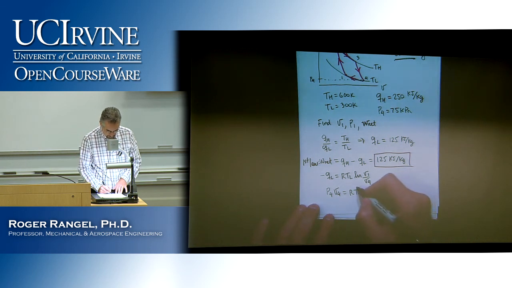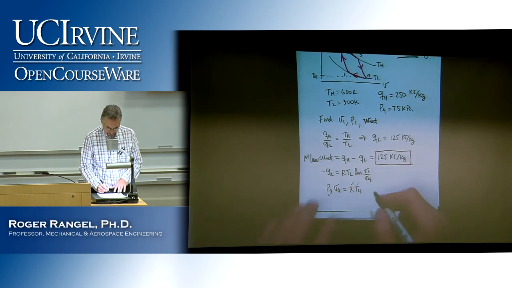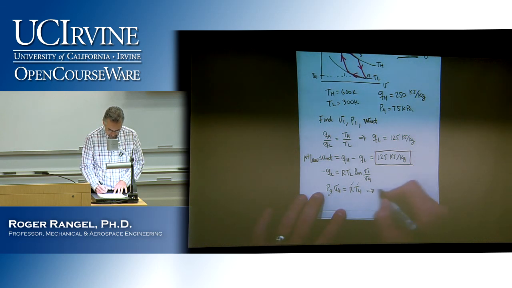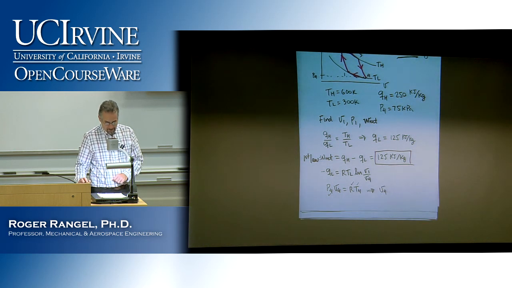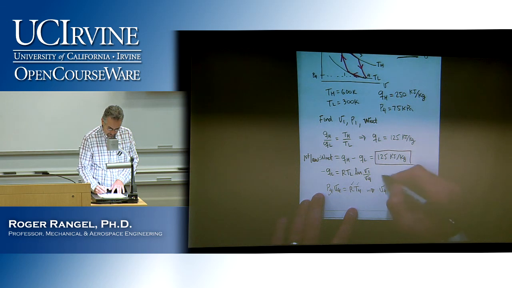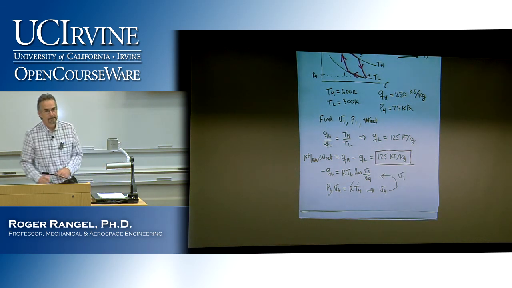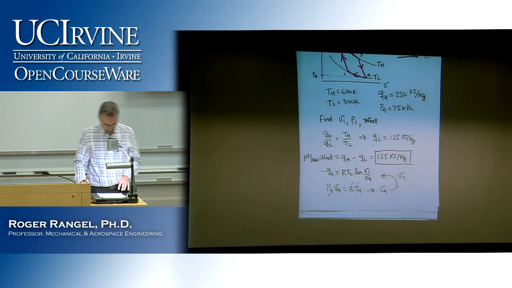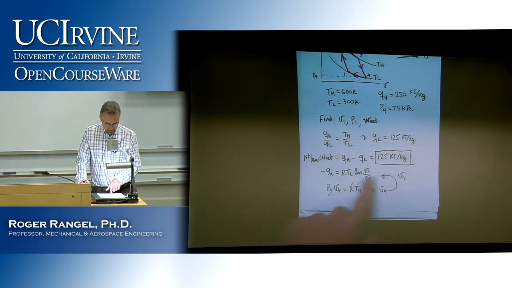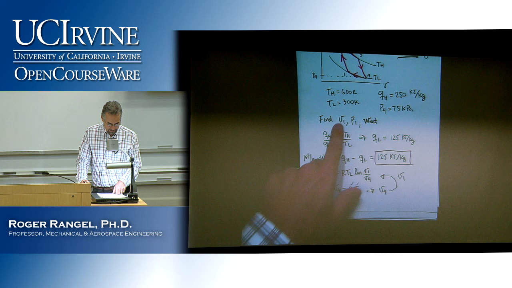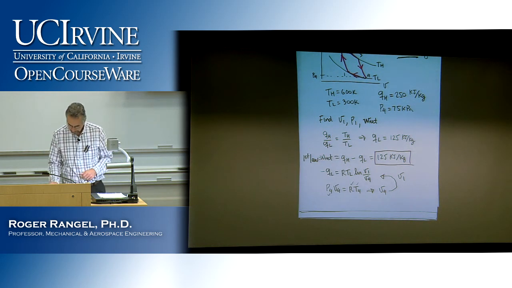So I know T4, I know R, I know P4, I can get V4. So if I use this to find V4, then I can go back up here to this one and find V1. I'll let you finish the details, but you can solve this one for V1. And now we have answered that question for V1.